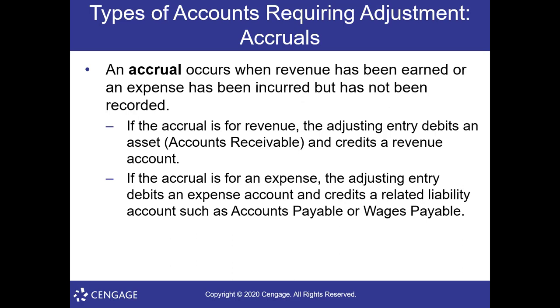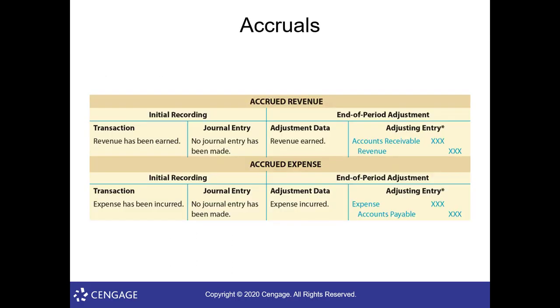So we have earned a revenue and we're now recording it, or we have incurred an expense and we're now recording that. An example is a revenue that has been earned: we debit accounts receivable and credit that revenue.